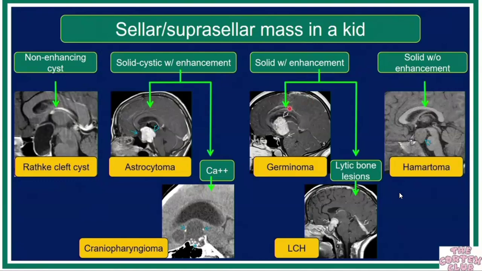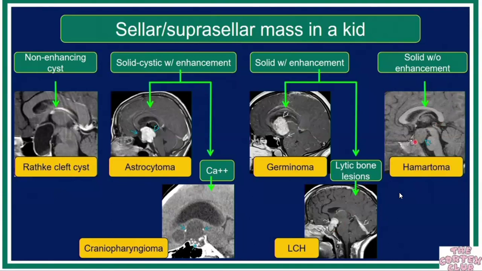If I see a lesion that enhances solidly, there may be some cystic change, but most of the lesion just enhances solidly, intensely, then I think of a germinoma. Again, we are talking about kids here. Then if I see something that enhances, there is enlargement of the pituitary gland, there is enhancement of the pituitary stalk, but this is associated with other lytic lesions in the bone and the spine, then I think about LCH, or Langerhans cell histiocytosis.